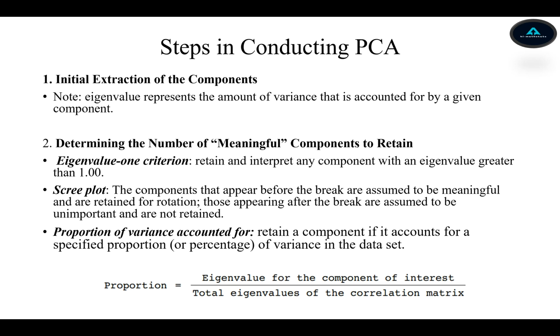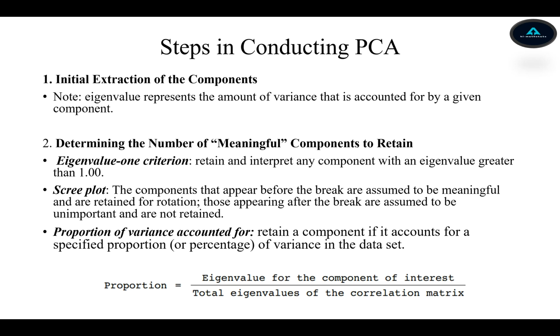When using a scree plot, the components that appear before the break are assumed to be the most meaningful and we shall retain them. But those that appear after the break are assumed to be unimportant and we don't retain those. And there's actually no need to interpret them.